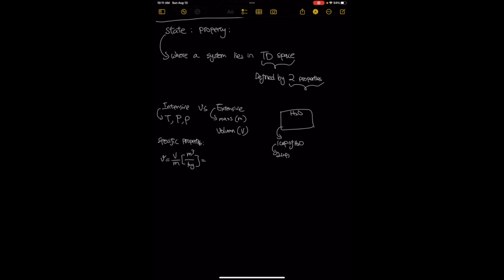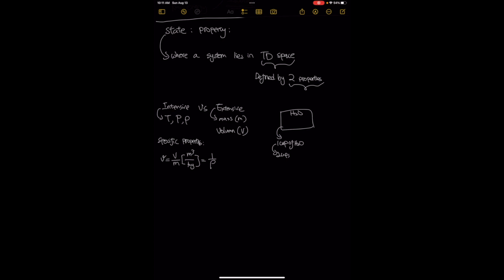If you flip it, kilogram over meter cubed, that's density, right? So one way to remember the unit for specific volume is to think of it as 1 over density, right?